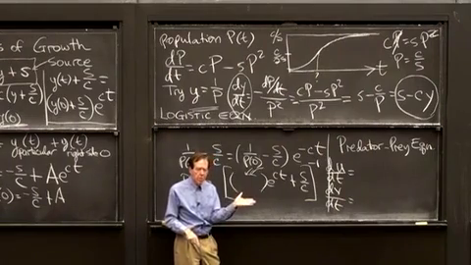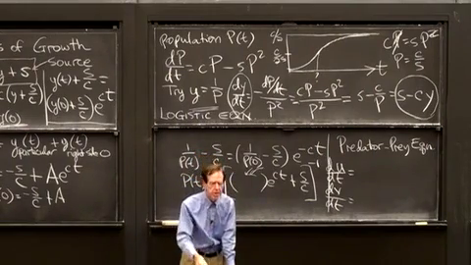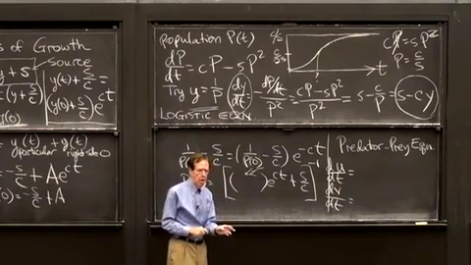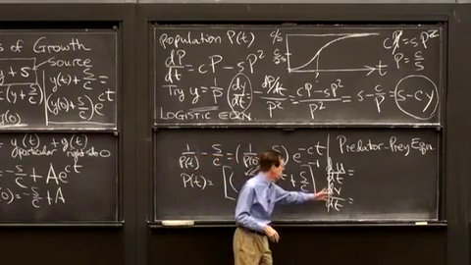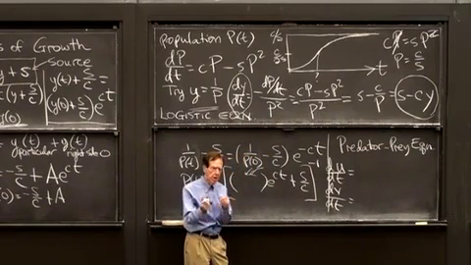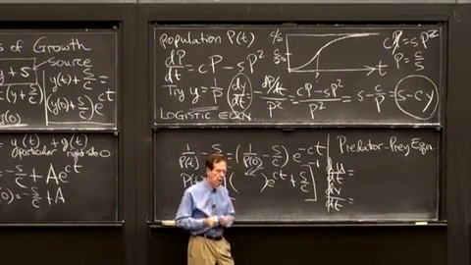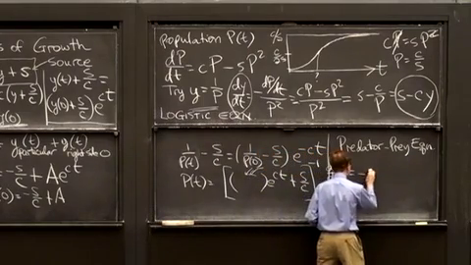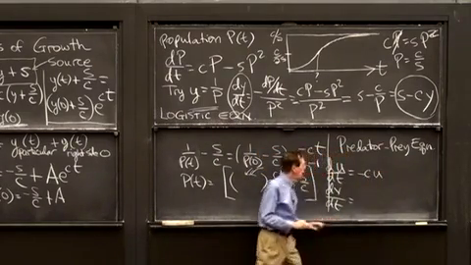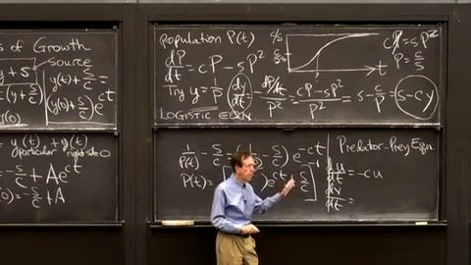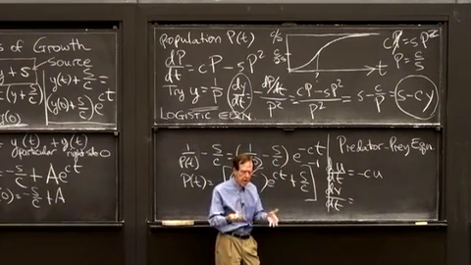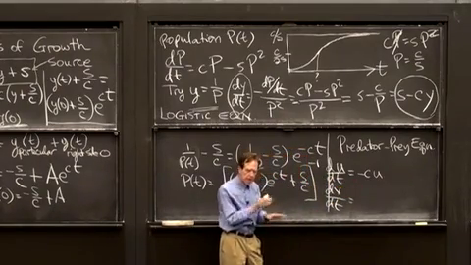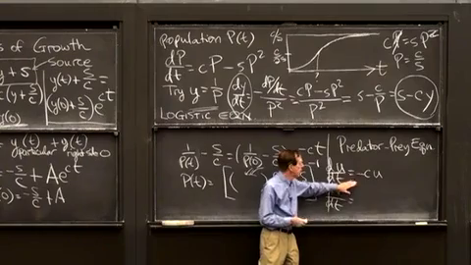Okay, if the predator has nothing to eat, the population of predator is going to drop. But the more prey that's around, so here we'll have a u times v going positive. So we'll have something like a minus cu as a term, that is, if there's nothing to eat, if the prey is all gone, the predator will die out.